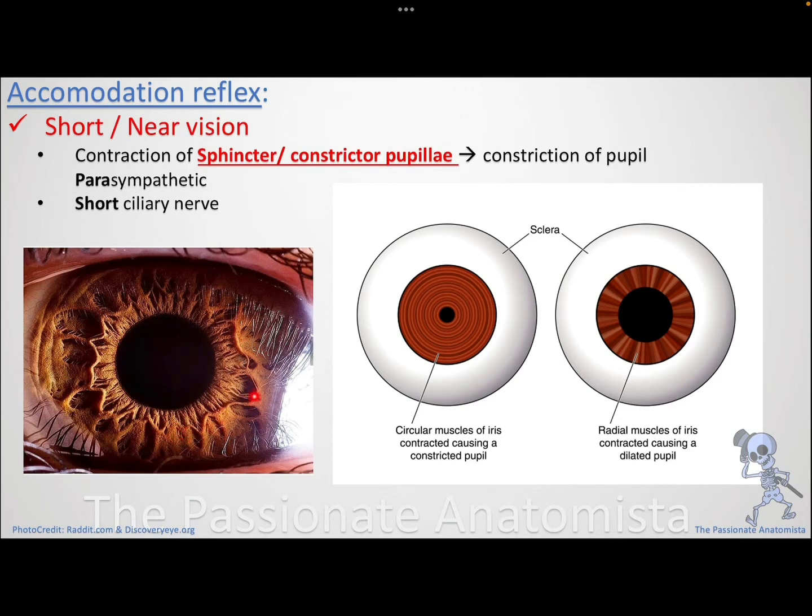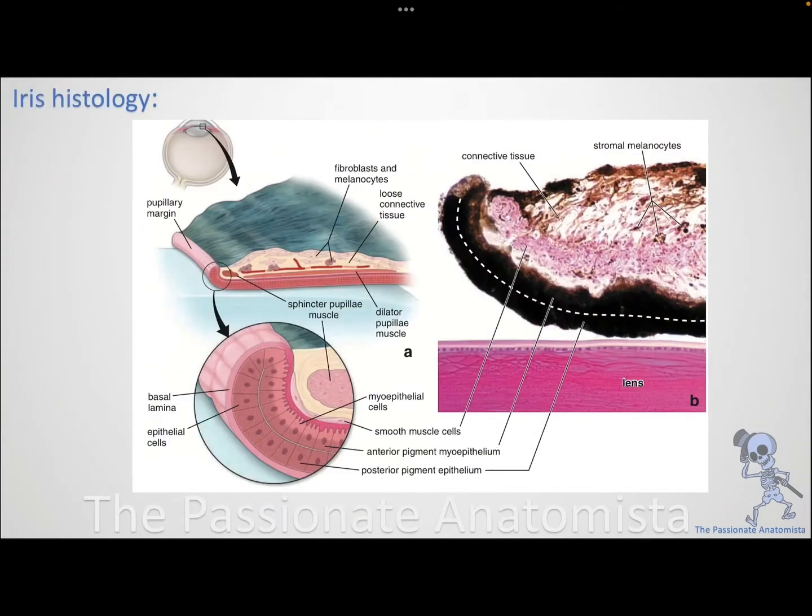This is due to the melanocytes in the stroma of the iris, all right? So the iris is what basically gives you your eye color, based on the amount of melanocytes you have in the stroma. And down there you have the pigmented layer, because we need to have a pigmented layer. And in the middle you have your muscles.